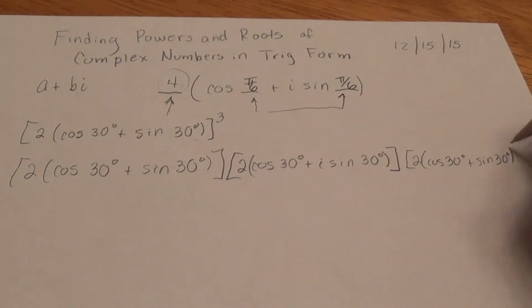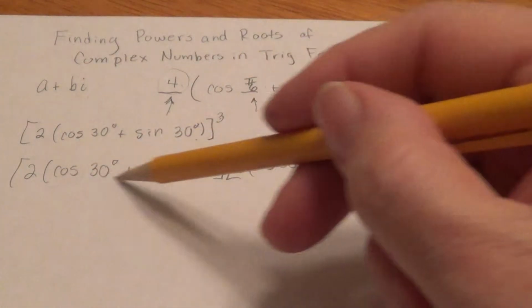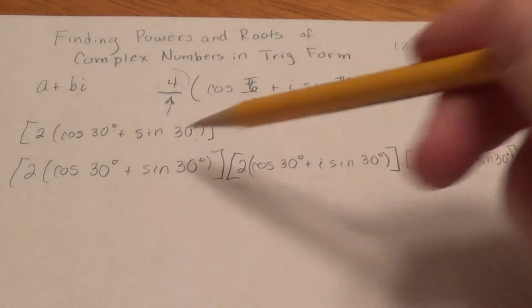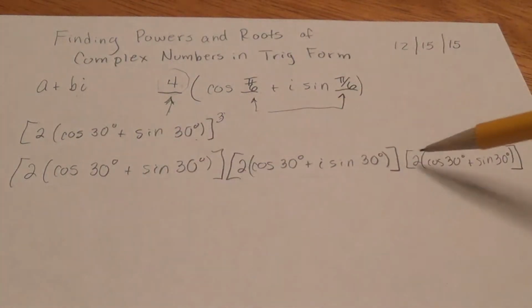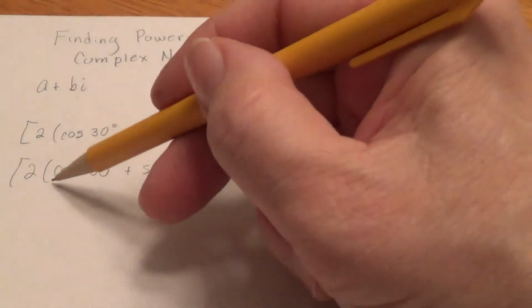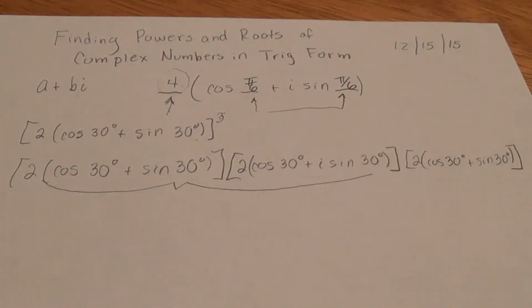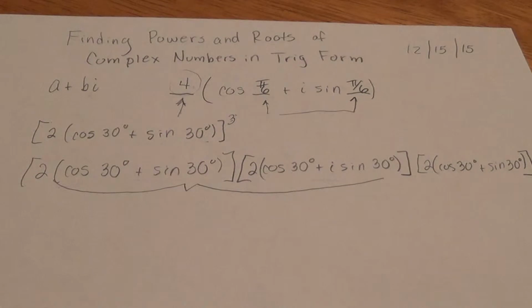Okay, so as you suspect, when you raise something to the 3, it's that something times itself 3 times. If it had been a 4, I would have 4 of these, 5 of these, and so on. So step by step, which you can probably tell will be the last time I do it this way.